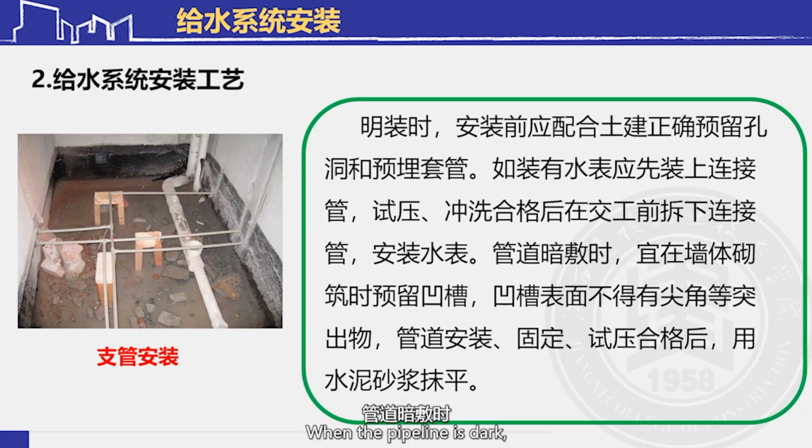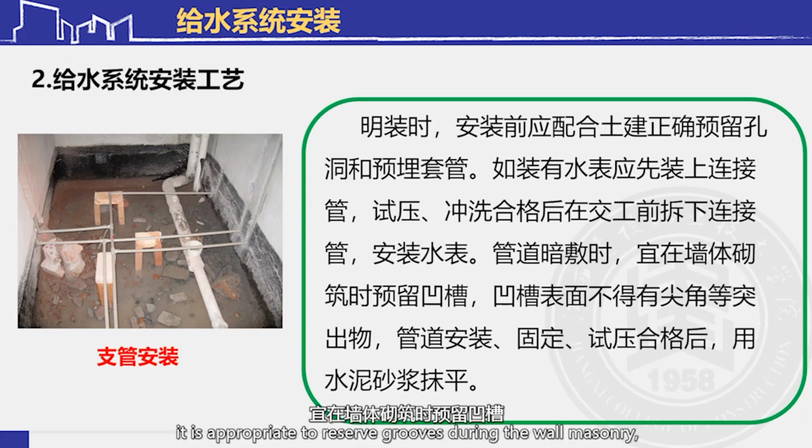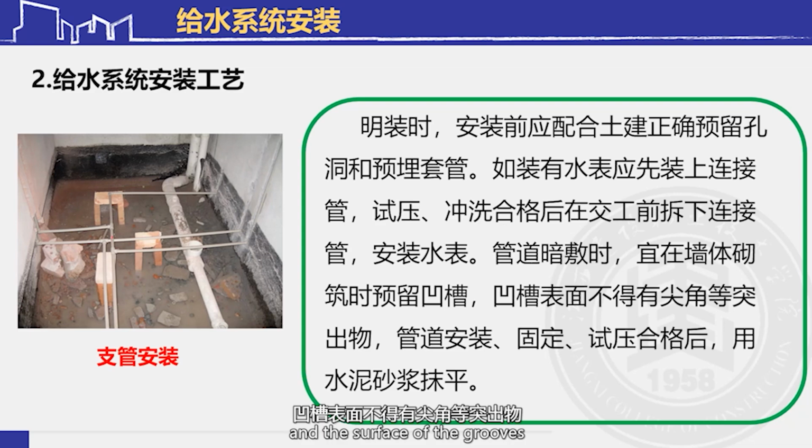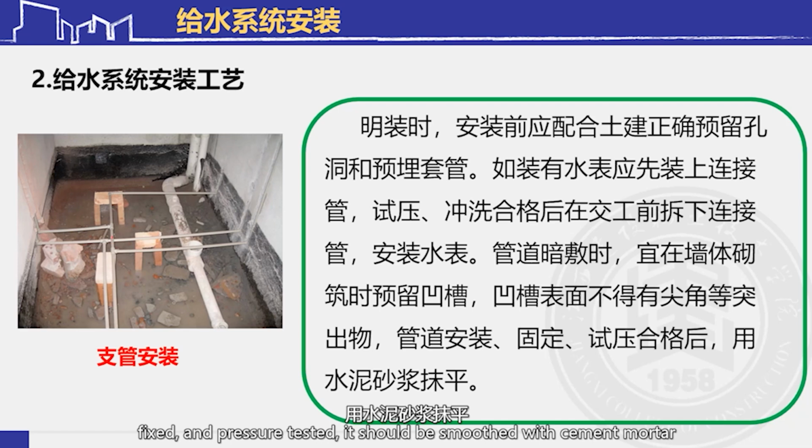When the pipeline is concealed, it is appropriate to reserve grooves during the wall masonry, and the surface of the grooves should not have sharp corners and other protrusions. After the pipeline is installed, fixed, and pressure tested, it should be smoothed with cement mortar.